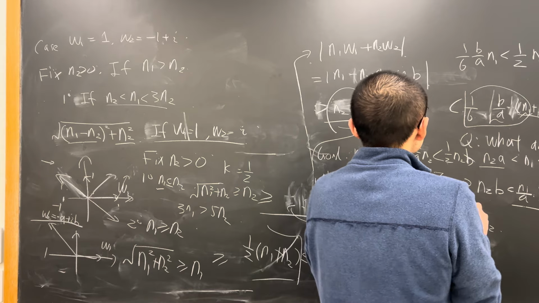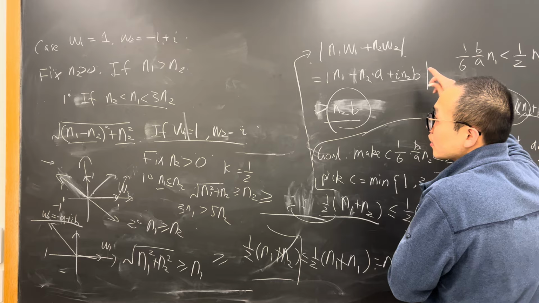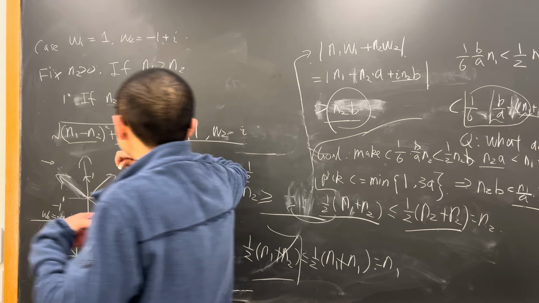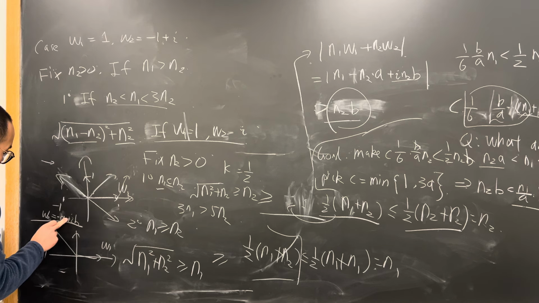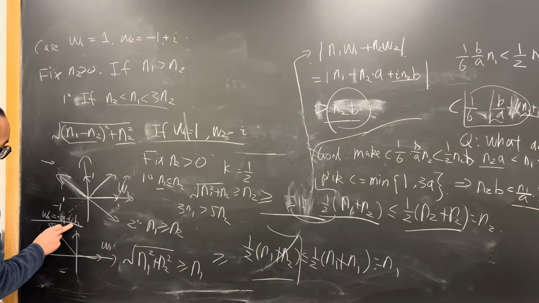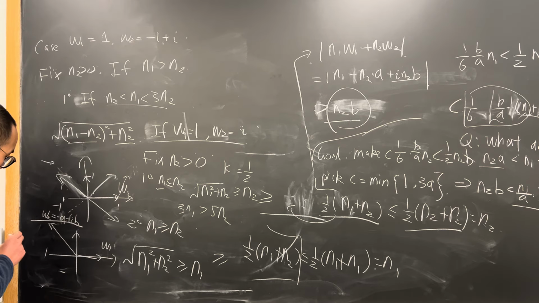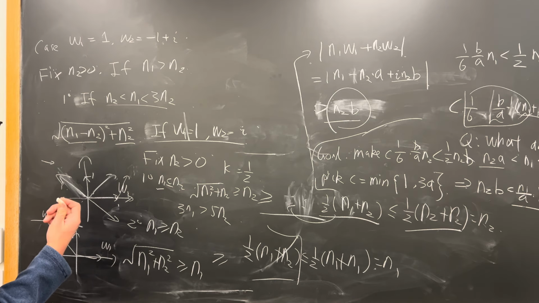What I mean is that if the case is negative, then you just switch B to negative B, so that B is still positive, and you switch the plus iB to minus iB. Then you ensure that this B is positive, and we can do the argument like that.